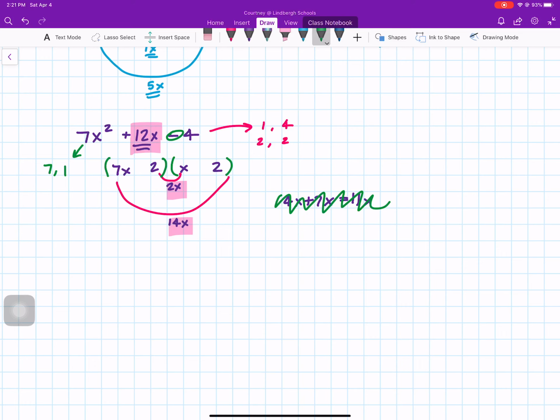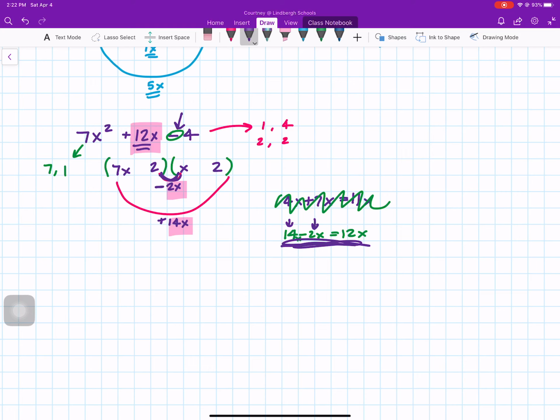Well, if I subtract 14 and 2, I can get positive 12, because 14x minus 2x would give me positive 12x. But I have to make sure that I'm allowed to subtract. If I subtract, that means that one number has to be positive and one number has to be negative. And since this 4 is a negative, this will work. So I need a positive 14 and a negative 2.